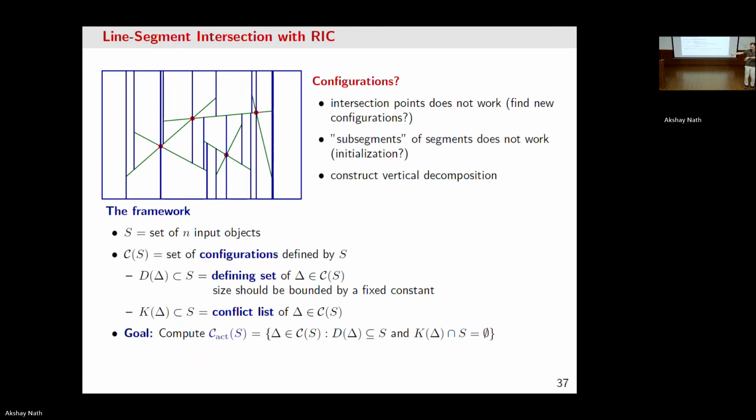So first of all, the defining set has to be there. But if another segment passes through it, then it will not be in that vertical decomposition. So the conflict list is simply all the segments that pass through that trapezoid.